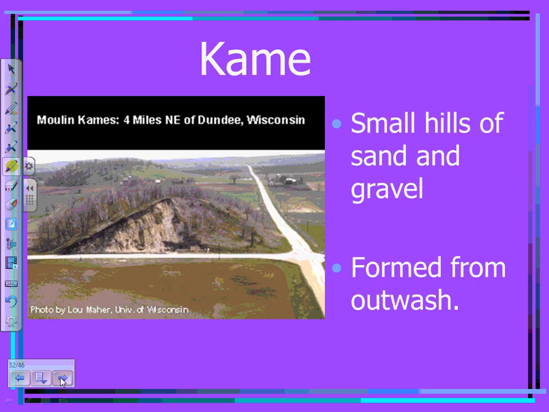Kames. When you travel, and you can see that this picture came from one of my professors at the University of Wisconsin, kames are small hills of sand and gravel formed from outwash. So it means that this material was sorted, and there are a few that you can still see when you travel. Say you're traveling Highway 41 from Green Bay to Milwaukee.